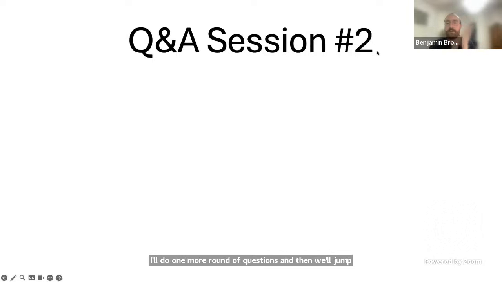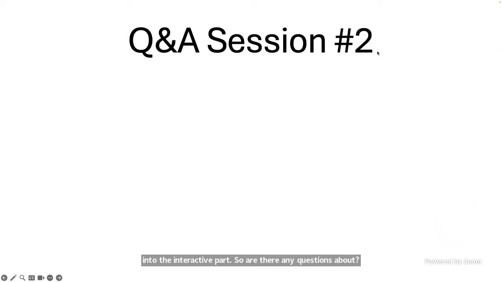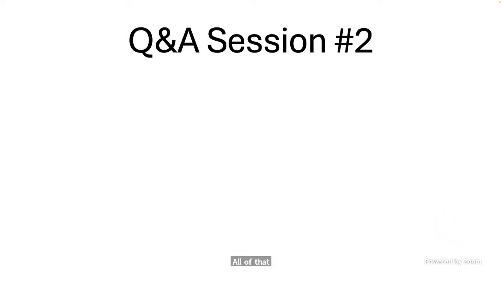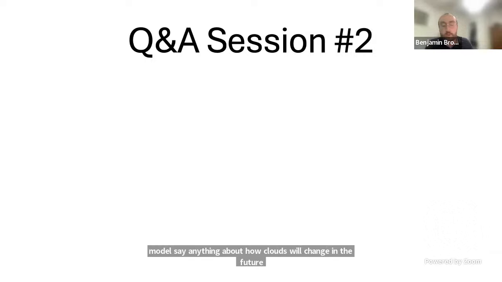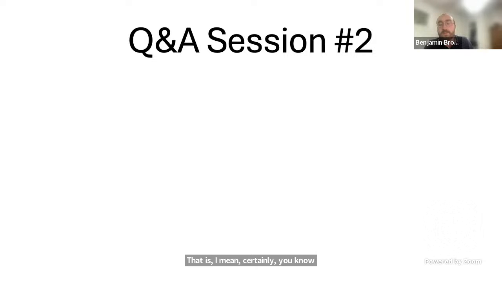Are there any questions about all of that? It might not be exactly about all of that, but did a model say anything about how clouds will change in the future? Certainly, if we're expecting changes in aerosol loads or aerosol size distributions in the atmosphere, that'll change the way the clouds look.